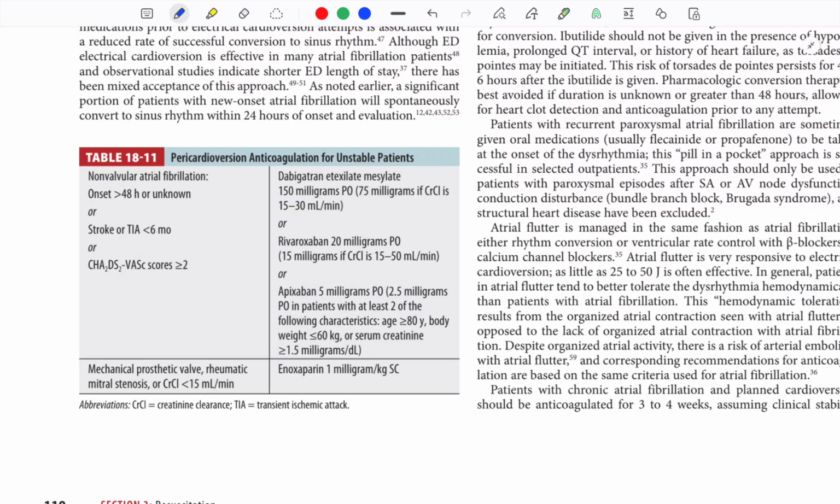Apixaban and rivaroxaban are factor Xa inhibitors, and dabigatran is a direct thrombin inhibitor. If valvular AF is there, meaning rheumatic mitral stenosis or a mechanical prosthetic valve, we will use enoxaparin or warfarin.